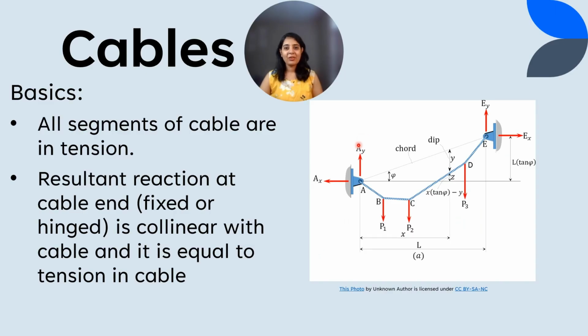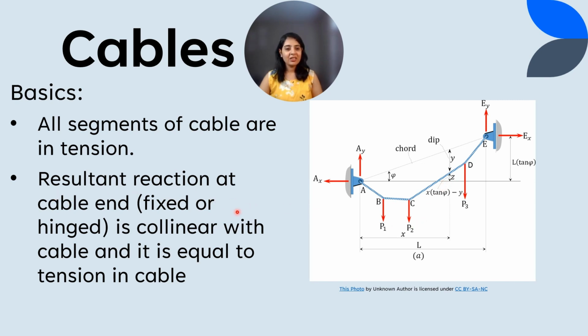Some basics of cables. All segments of cable are in tension. So here you can see A, B, C, D and E. This is the cable. So all these segments, that is segment AB, segment BC, CD and DE, are in tension.